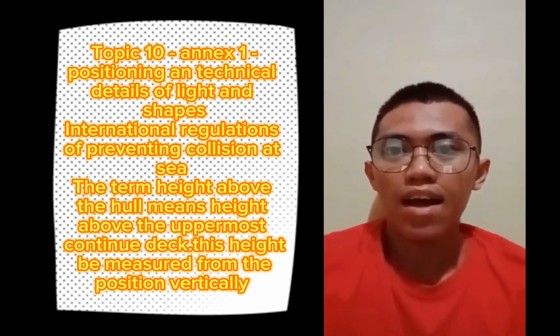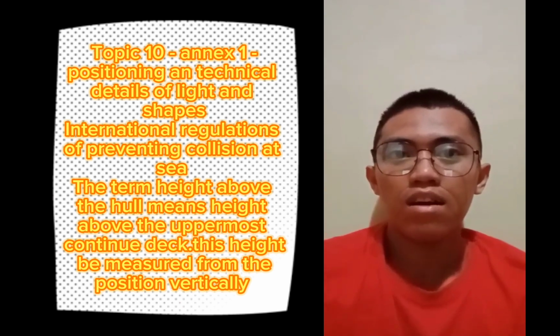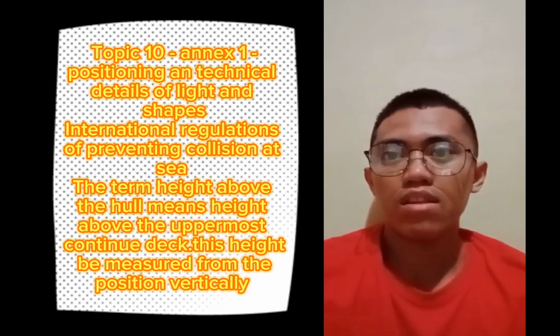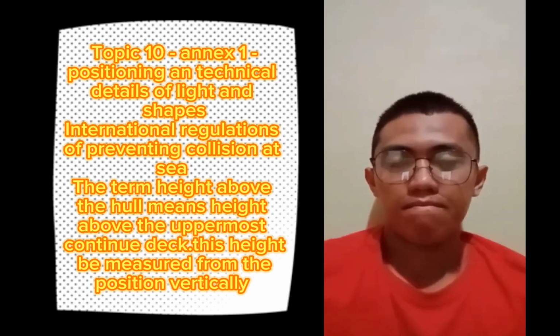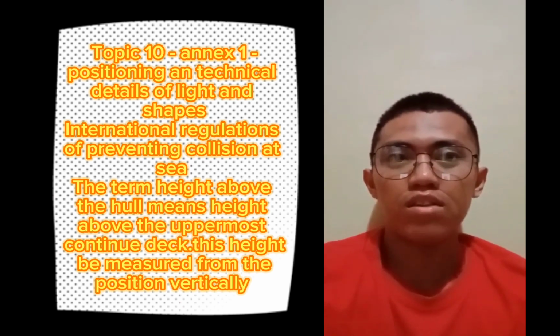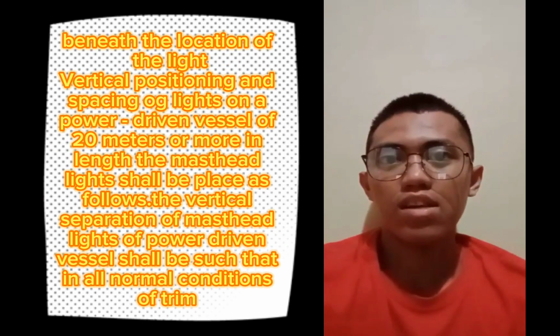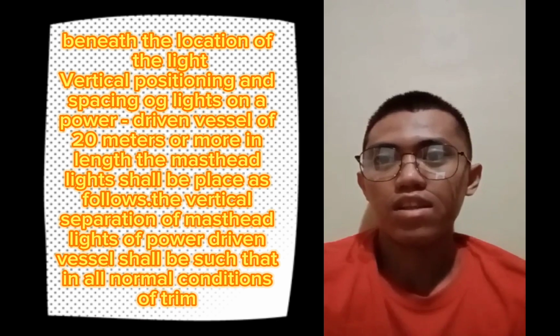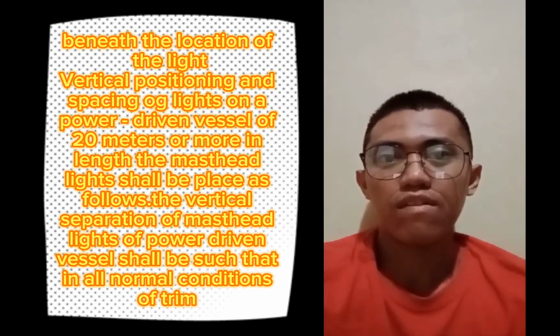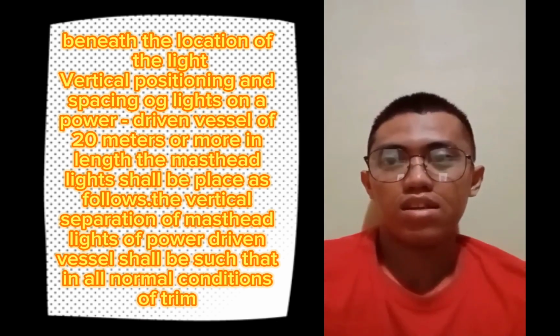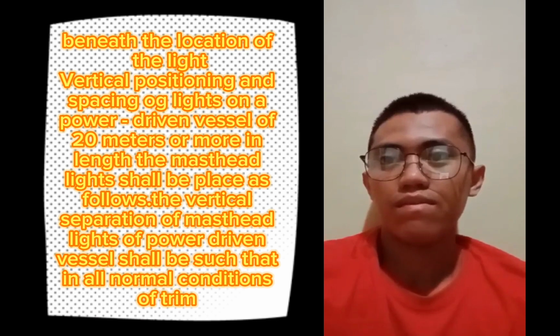The term height above the hull means height above the uppermost continuous deck. This height shall be measured from the position vertically beneath the location of the light. Vertical position and spacing of lights on a power-driven vessel of 20 meters or more in length. The masthead lights shall be placed as follows.